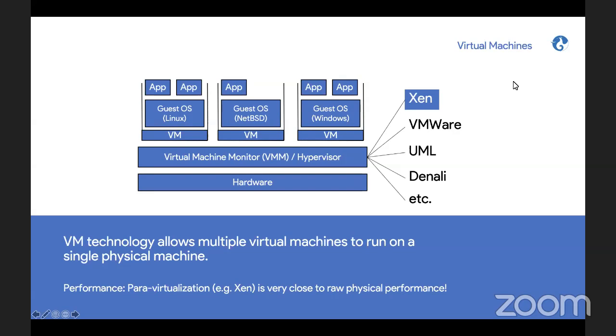Which means the rest of the 50 servers are heavily underutilized. So companies like Zen, VMware, Denali came up with software called virtual machine, an abstracted system that runs on a bare metal physical server and behaves like a physical server itself.